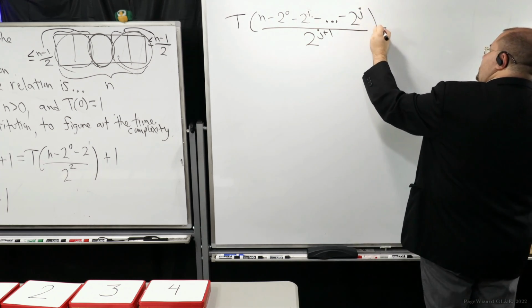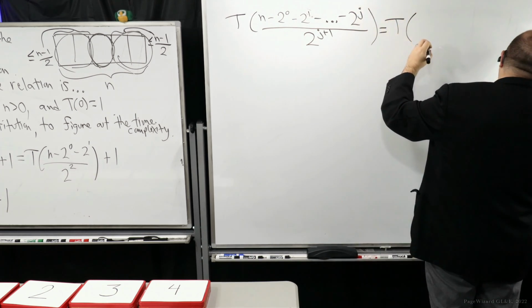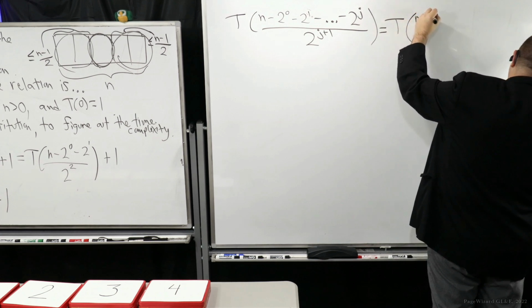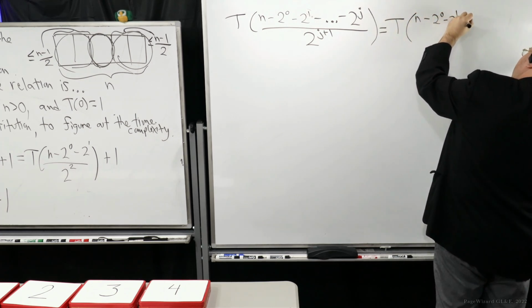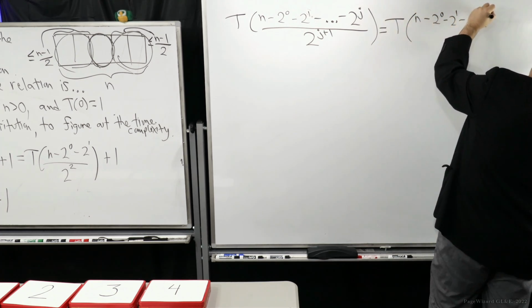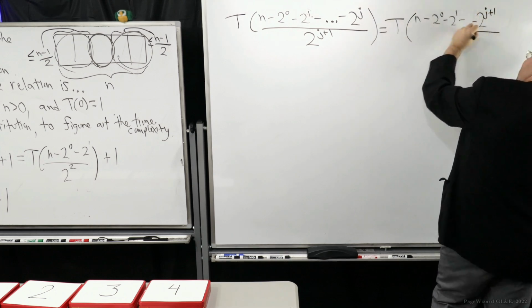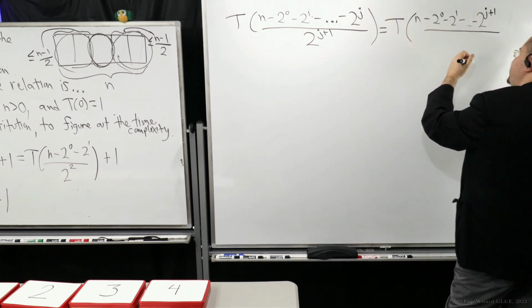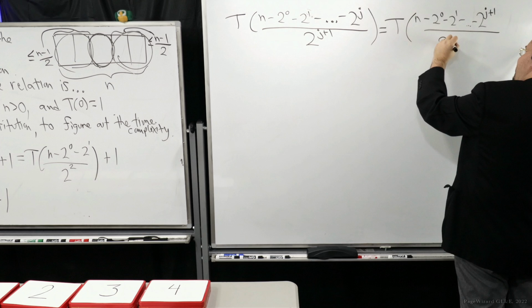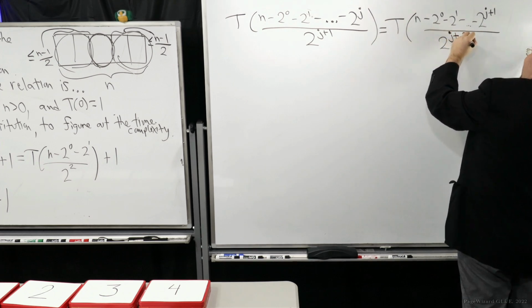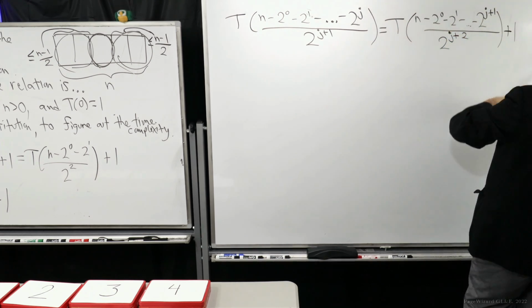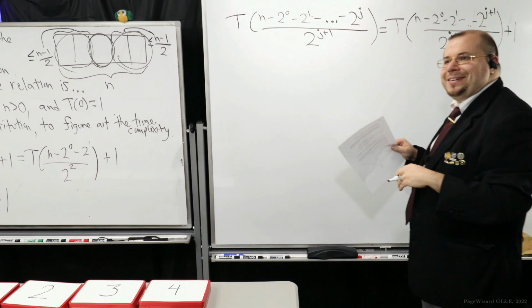This will be equal to T of n minus 2 to the power of 0 minus 2 to the power of 1 minus all the way to 2 to the power of j plus 1. So every time I introduce another power of 2, right? And then the exponent down here always goes up by 1. That's my guess. And you add 1 for the non-recursive work, right?